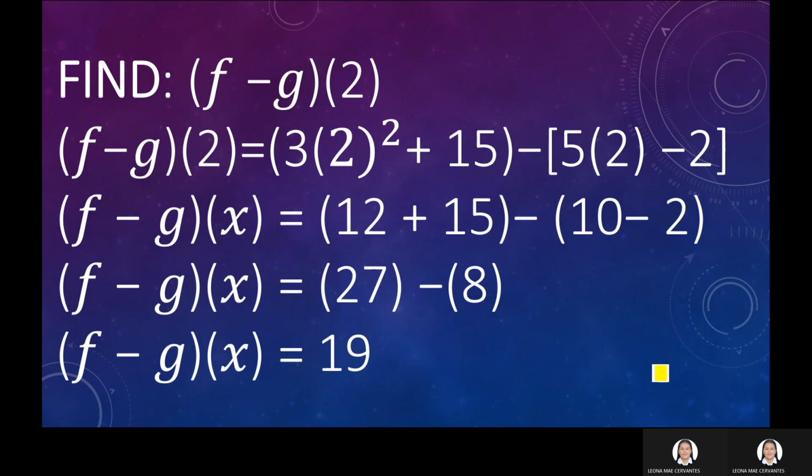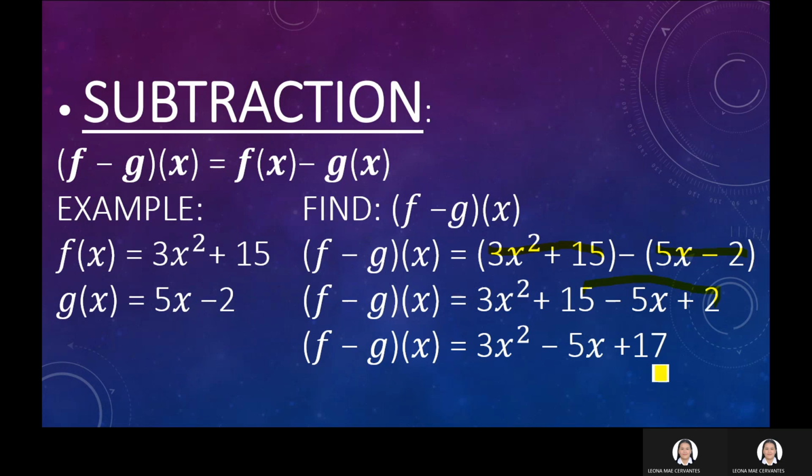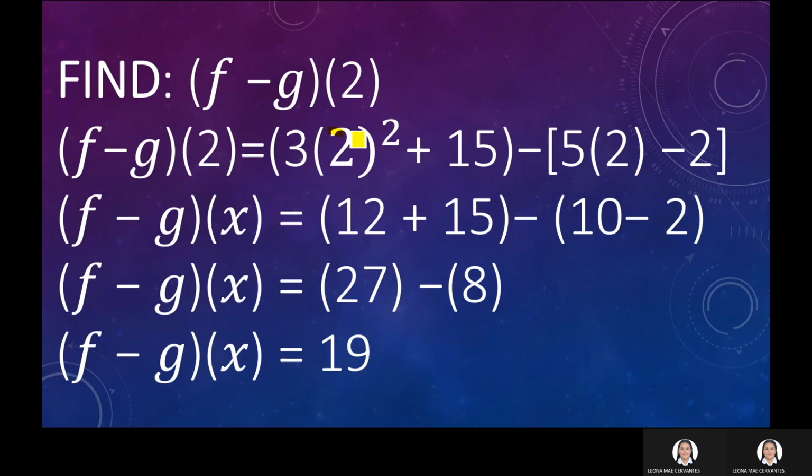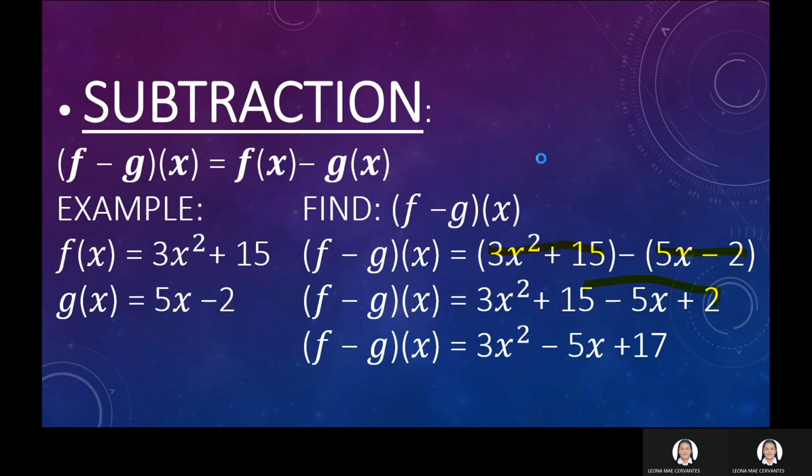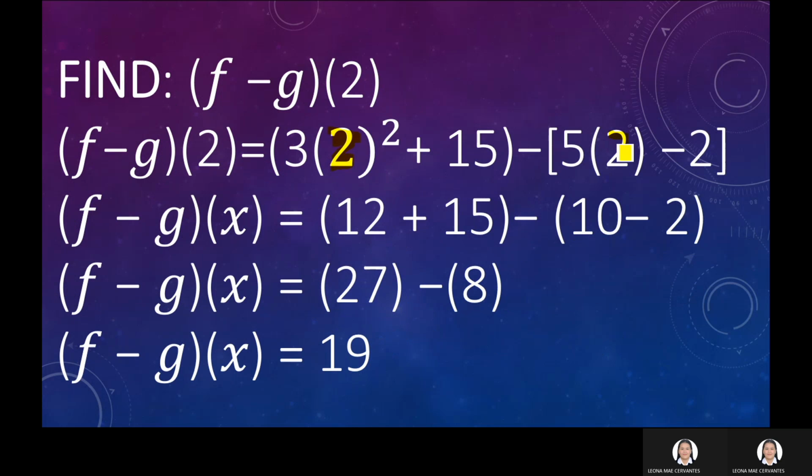Okay, so next, again, the value for f of x is 3x squared plus 15. So we have 3 times 2 squared plus 15 minus g of x, which is 5x minus 2. So we have 5 times 2 minus 2. Okay.